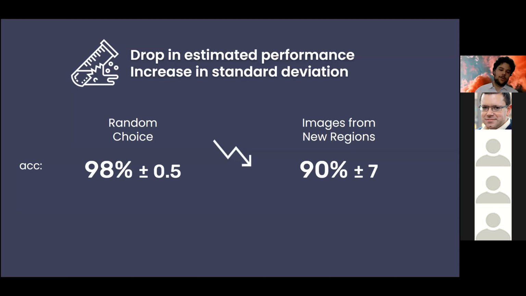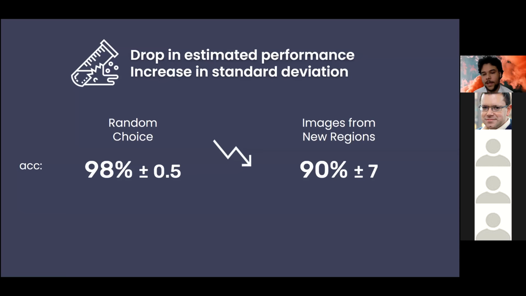When separating randomly, it doesn't make a lot of difference which images you have chosen for testing. But with regions, we can see that some regions are harder and some are easier to predict on. The model has a problem when trying to identify new objects that it hasn't seen before.